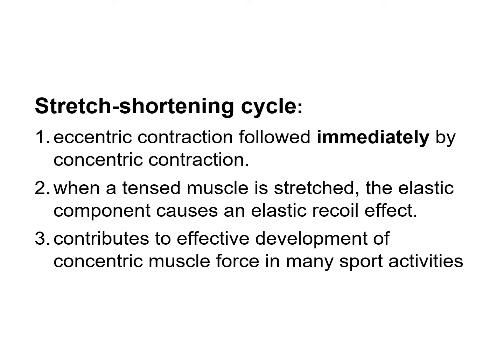So a tense muscle is stretched, and that provides elastic energy or strain energy into the muscle, and this causes an elastic recoil effect. You stretched out the rubber band and you let go, it collapses in on itself. This contributes to effective development of the concentric muscle force in many types of sports.